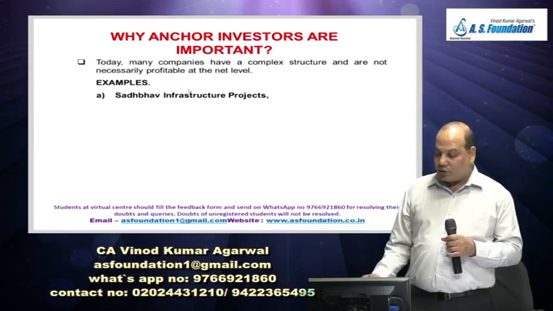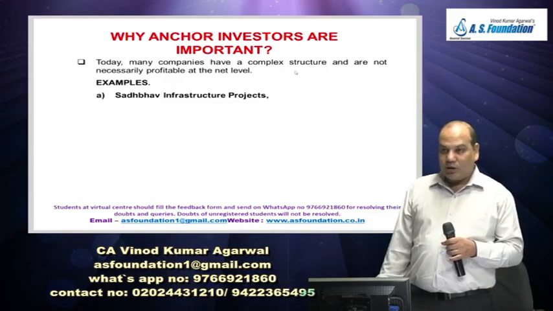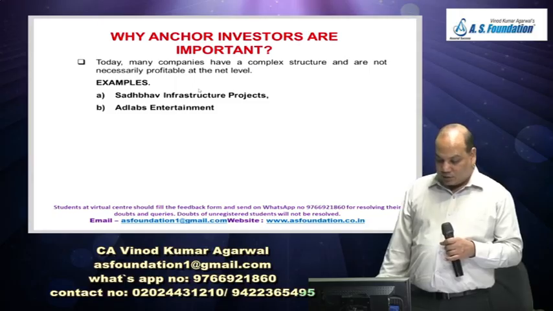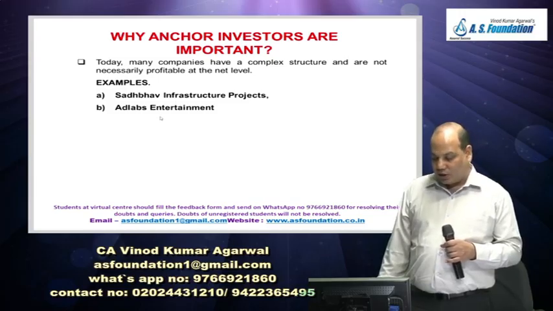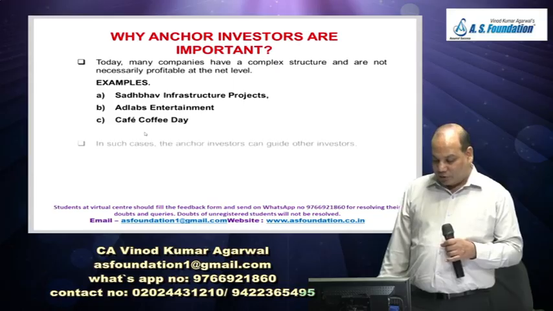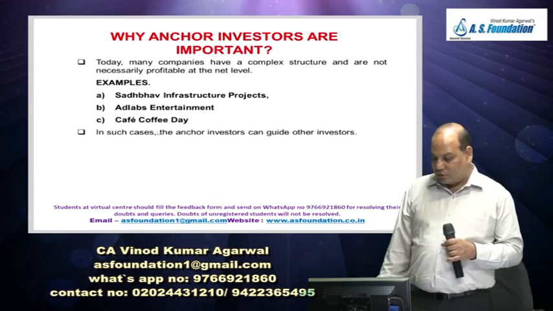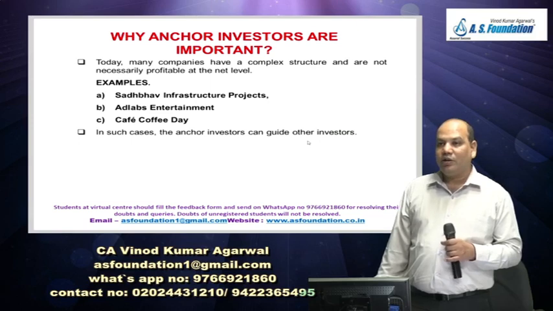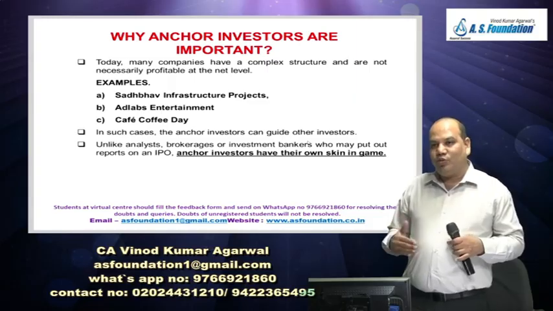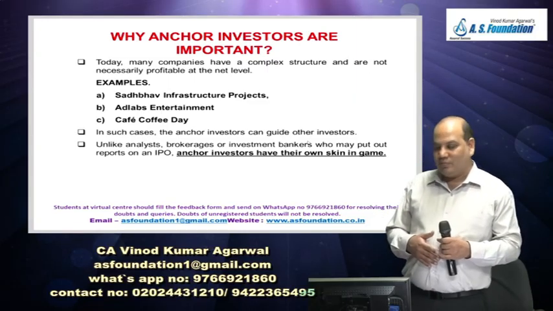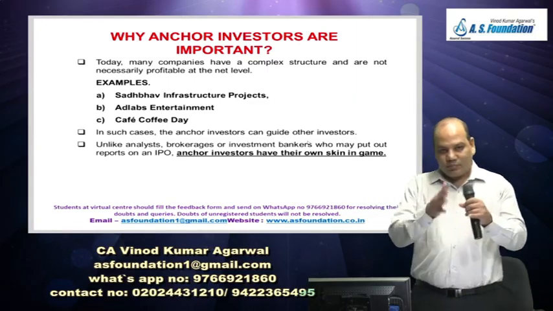Okay, because companies now have complicated legal and business structure. So some of the examples are where these anchor investors are used: Sadbhav Infrastructure Project, Ad Labs Entertainment, Cafe Coffee Day. In such cases, anchor investor can guide the other investor. So basically, they are like somebody whom you can look upon, okay, as a person who knows the business.